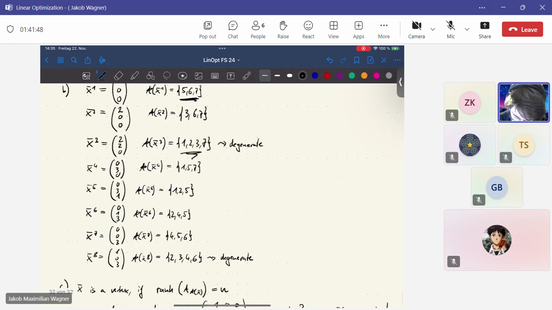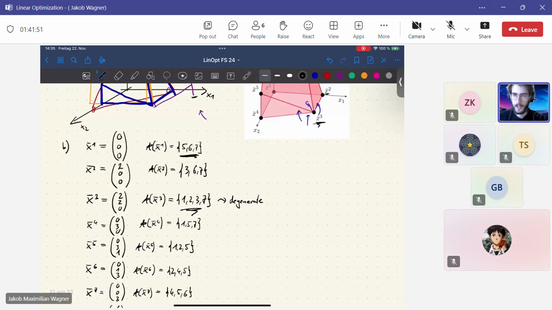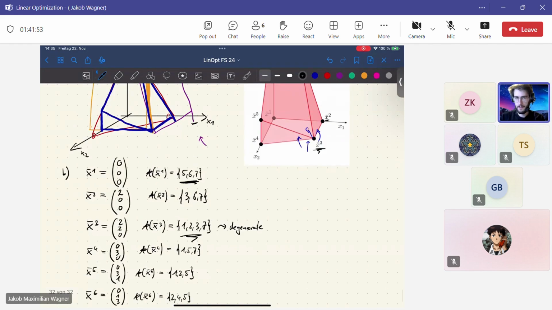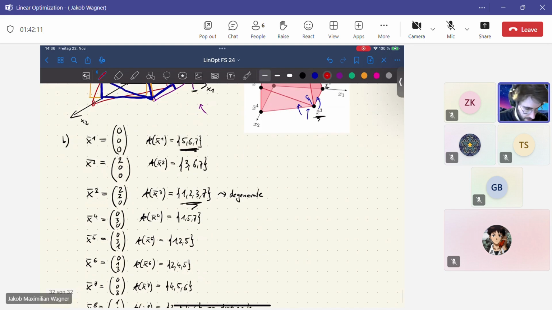From the drawing, we want to find an edge where the first and the second constraint are always active. And so we know that if we have vertices at the end of this edge, the first and the second constraint also have to be active at these vertices. And so we get that the constraints 1 and 2 are active at the 5th vertex, and they are active at the 3rd vertex.